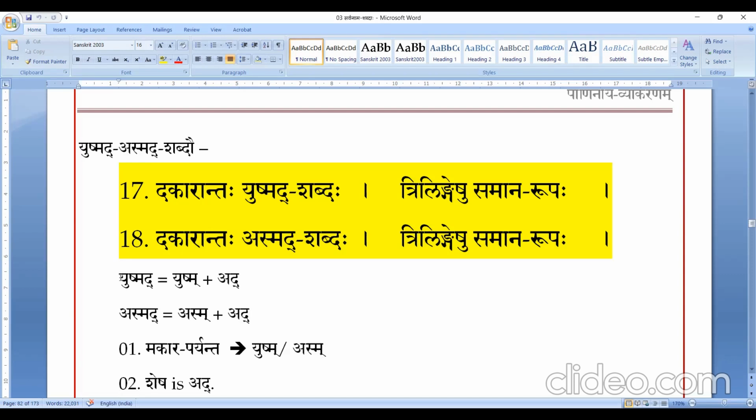And we saw in the last class, Yushmad and Asmad we can divide into Ma Paryanta and the left-over part. This is called Shesha. Ma Paryanta is up to the Makara, the letter in the Yushmad Shabda. That is Ma Paryantasya: Yushma plus Ad. The Ad is what is called Shesha.